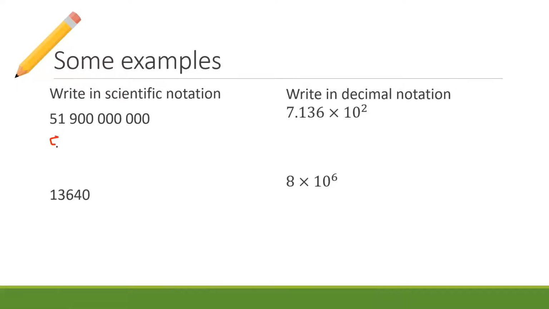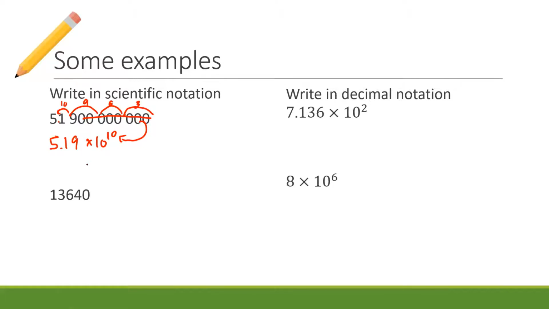In this case, it's going to be 5.19. The decimal point has to go here. In order to get there, we need to go 3, 6, 9, 10. So times 10 to the power of 10. So I've just compressed all of these zeros into here.